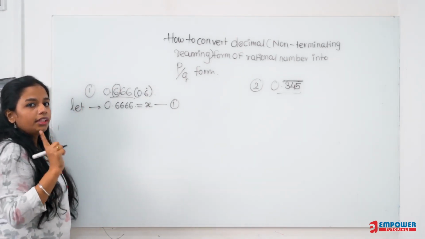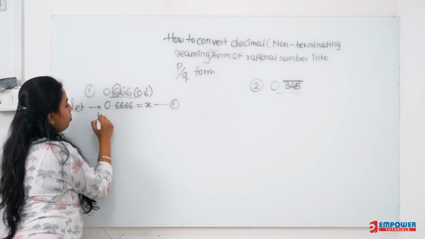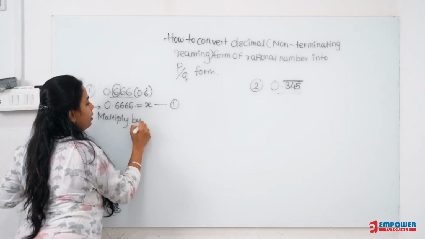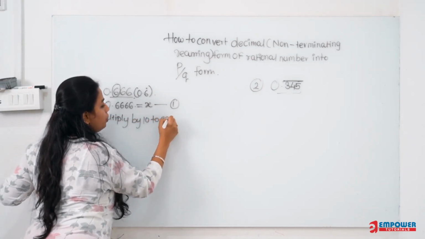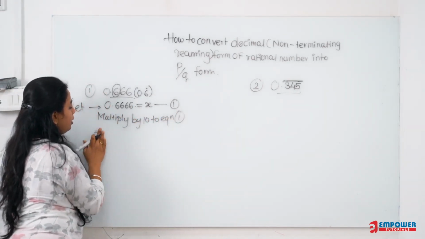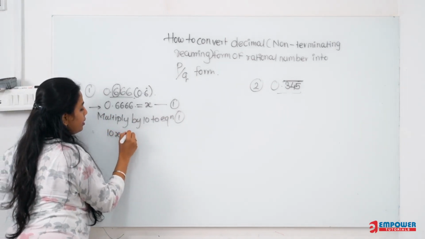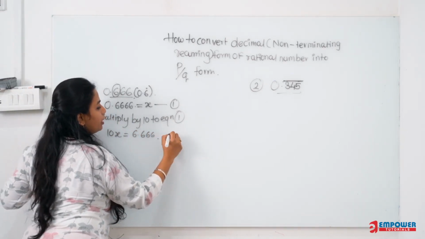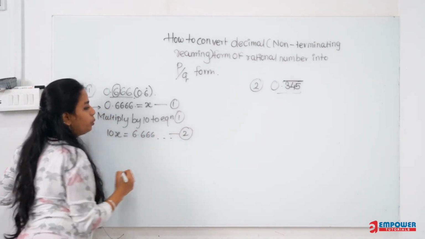So multiply by 10 to equation 1. So what I am going to get is 10x is equal to 6.666 till infinity. So this will be my equation 2.